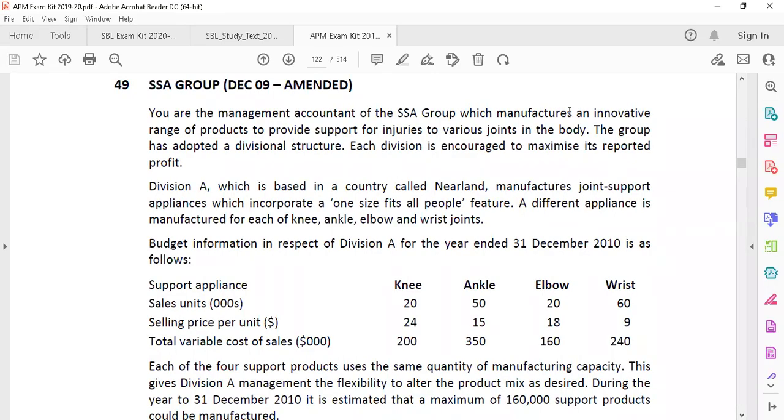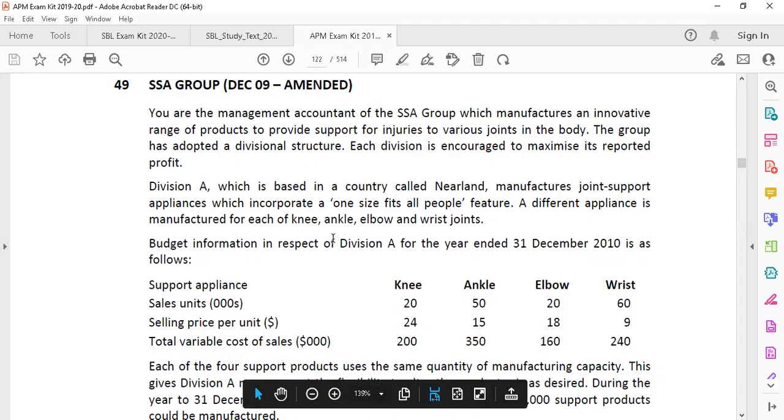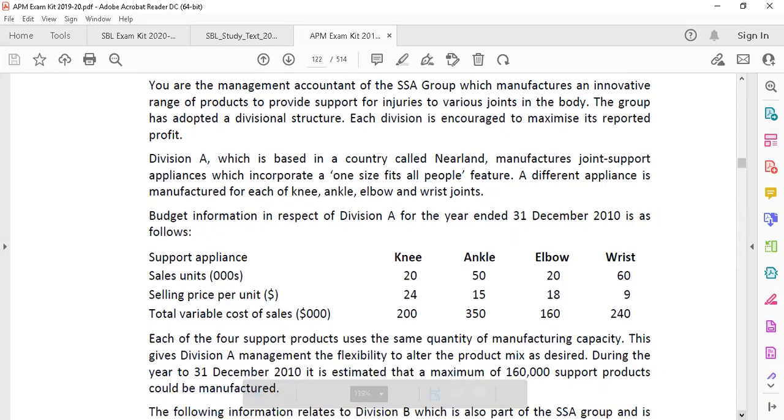So the introduction is about a group which manufactures an innovative range of products to provide support for injuries to various joints in the body. So the joints are knee, ankle, elbow, and wrist. For this, they are manufacturing these units. A different appliance is manufactured for each of knee, ankle, elbow, and wrist joints.